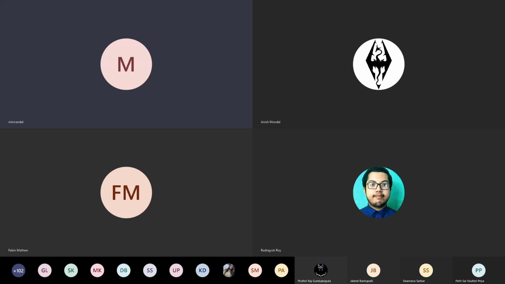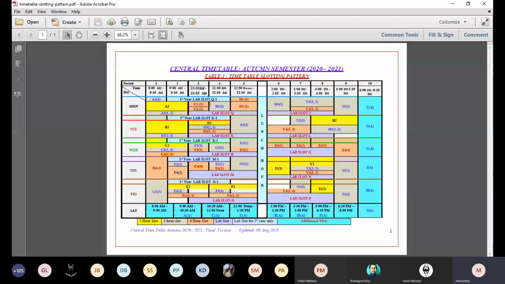First, you see, I missed one point. If you look at your central timetable, and I think it was also discussed with you when you went to orientation. Since total semester duration is now squeezed, what is suggested is that for a 4 credit course we can use another 1.5 hours from Saturday.